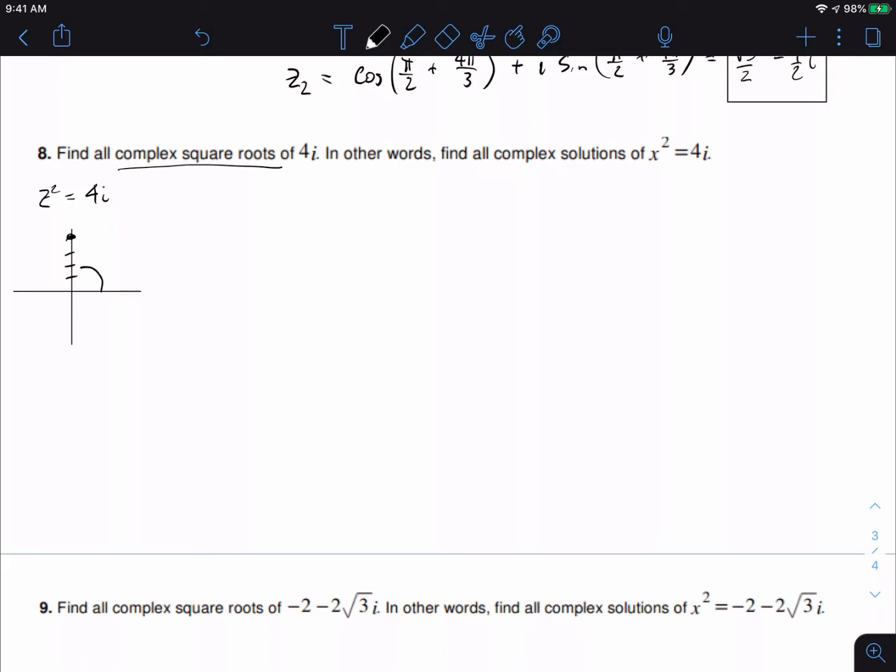So what is this angle here? That's right. So my initial angle is going to be pi over 2, and my radius is going to be four. Does it make sense why it's 4?